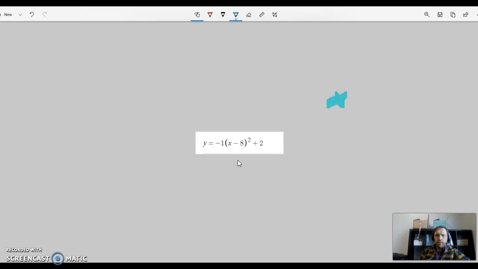So if x equals 7, right, we get y equals negative 1 times (7 minus 8) squared plus 2. 7 minus 8 is negative 1. Order of operations says I do my exponents next. So negative 1 squared is positive 1. Now I have multiplication that I do before addition. So I get negative 1 plus 2. And I get the value y is 1.